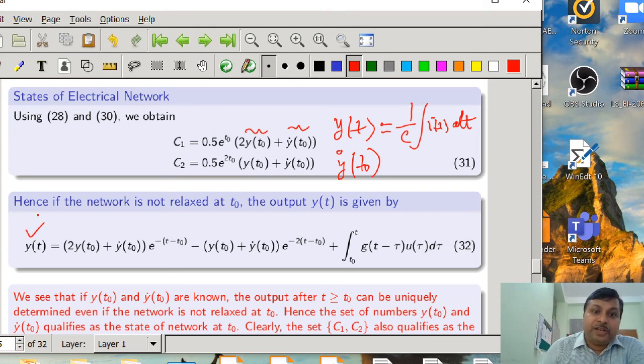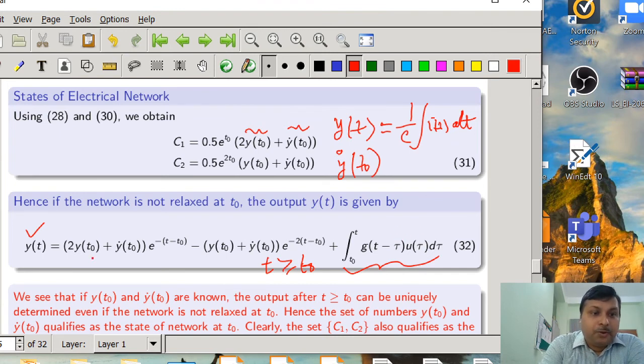And now it is very much clear that to determine the output y of t for t greater than or equal to t0, we have to rely on variables like the input variables. This part is showing that we have to know u of t for t greater than t0.